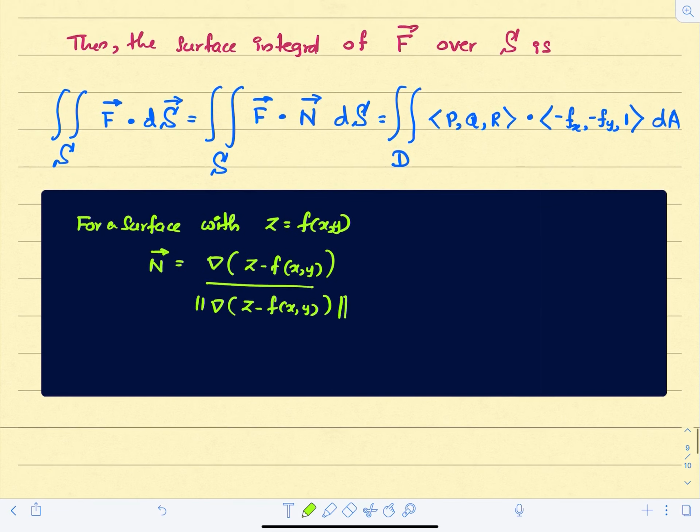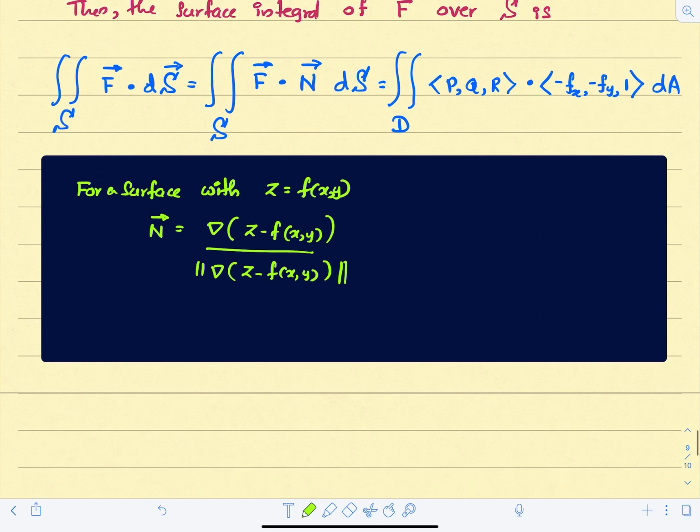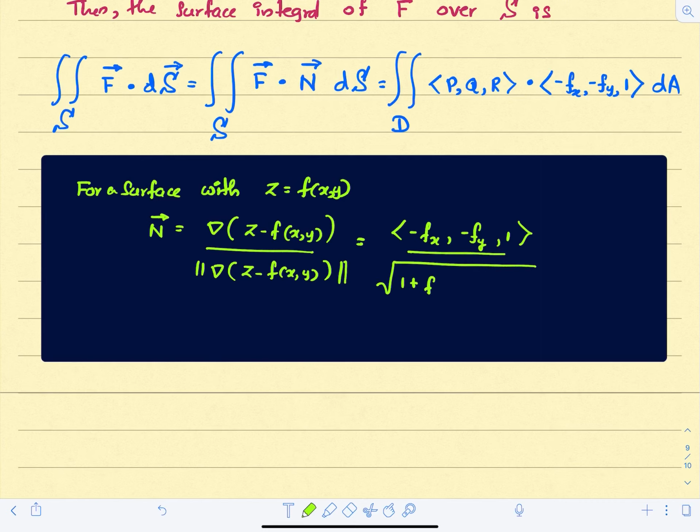Now this gradient vector equals minus f sub x, minus f sub y, and 1. Its magnitude is the square root of 1 plus f sub x squared plus f sub y squared. So basically this is your unit normal n.